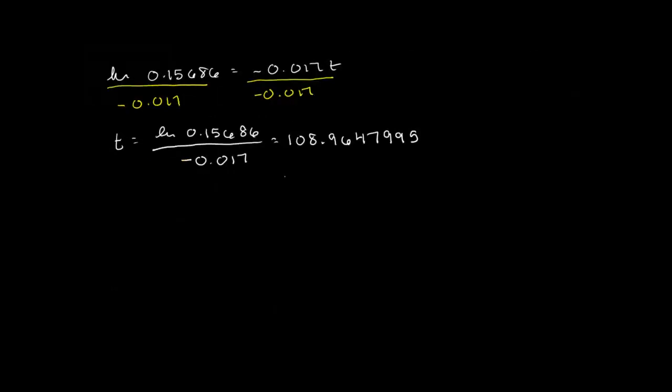So it says to round to the nearest minute. So if this is already in minutes, we're rounding to the nearest whole number. So that 9 will cause the 8 to be increased. And so we're going to round this to 109 minutes. So it will take 109 minutes for the pie to cool.